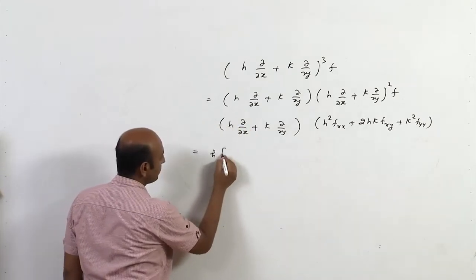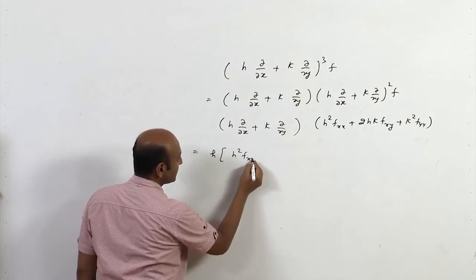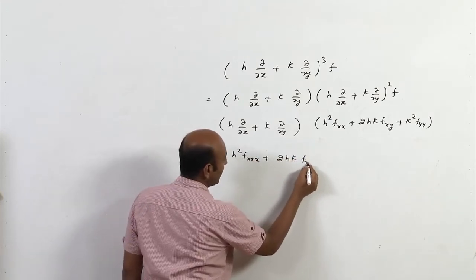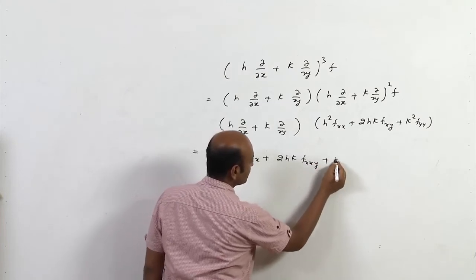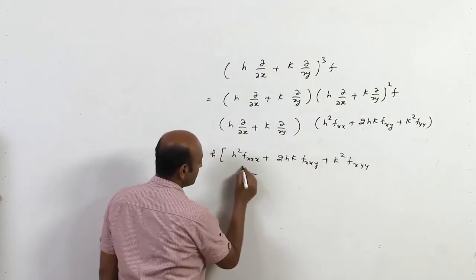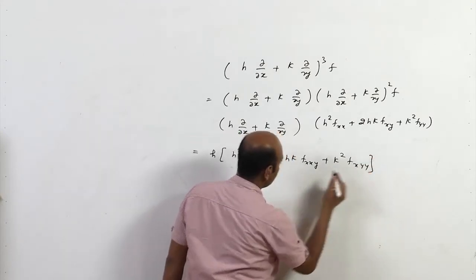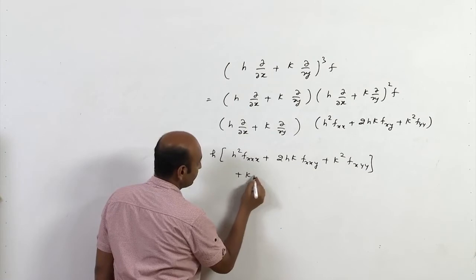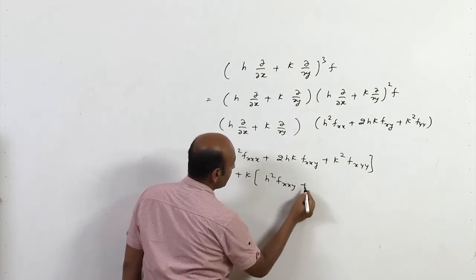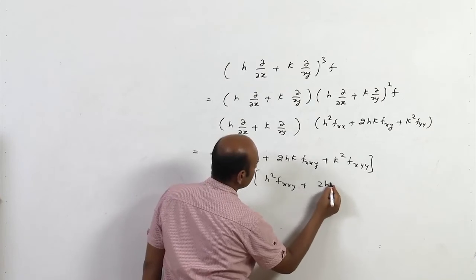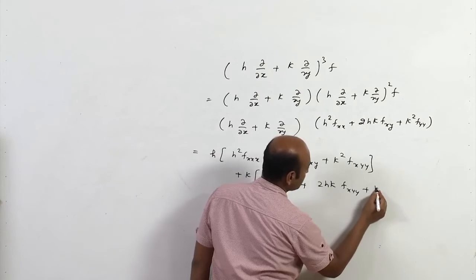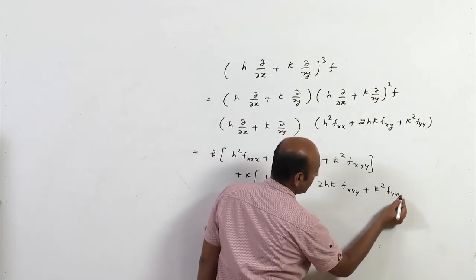This is h square f_xxx plus 2 h k f_xxy plus k square f_xyy, plus k times h square f_xxy plus 2 h k f_xyy plus k square f_yyy.